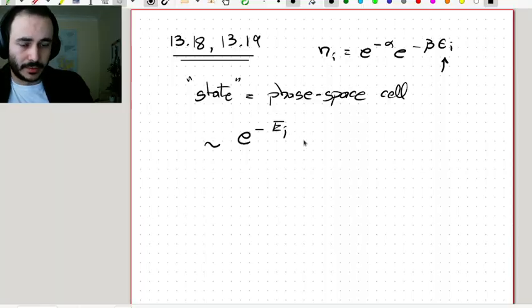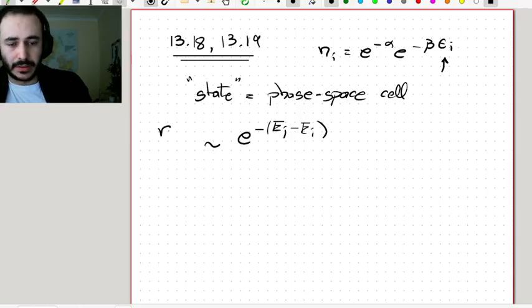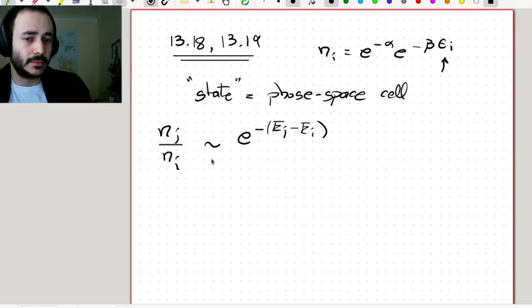So let's say this is the difference in occupations between J and I, two different phase space cells, and here this thing divided by kT.